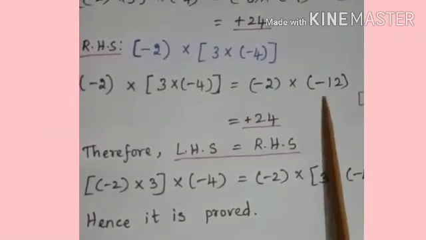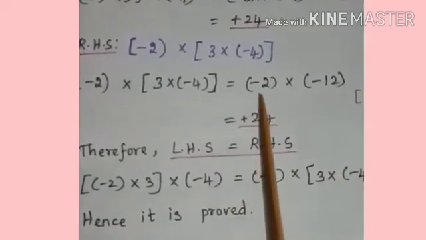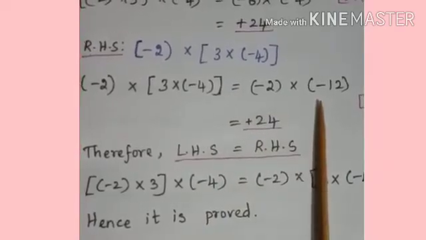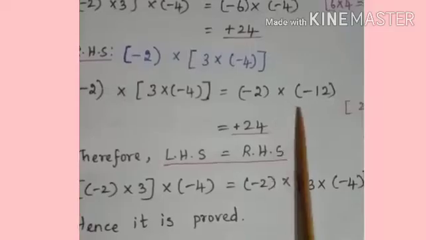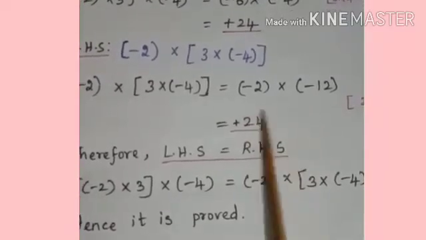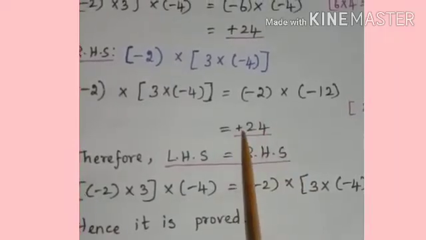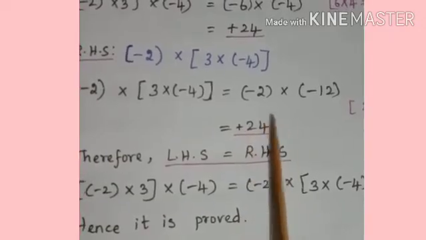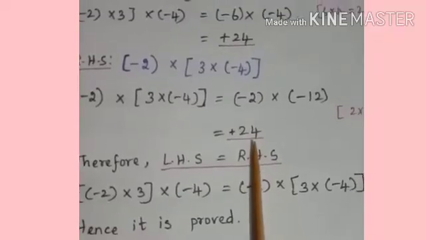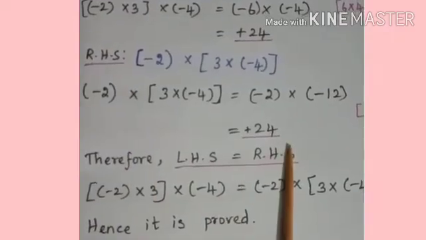Now multiply this value minus 12 with the first value minus 2, that is minus 2 into minus 12. Again we have to use the multiplication integer rule. When we multiply two negative integers, it always gives a positive integer, that is minus 2 into minus 12 is equal to plus 24, which is the answer of the right hand side expression.